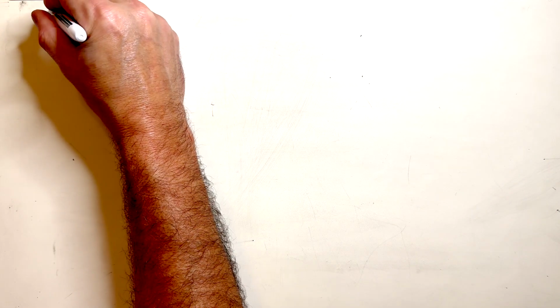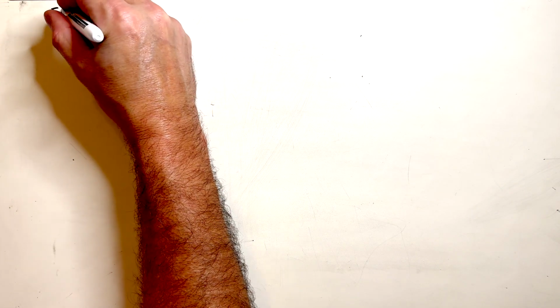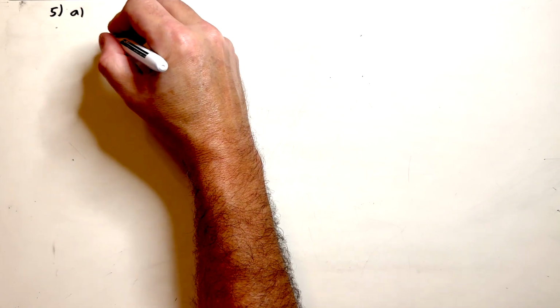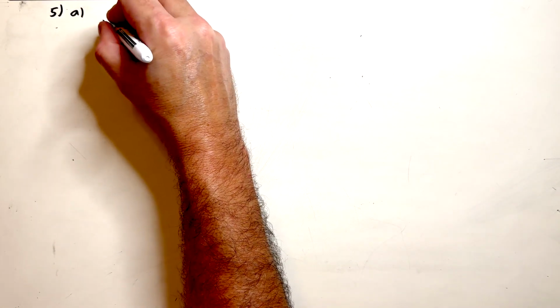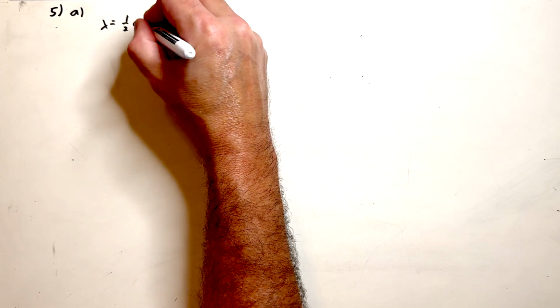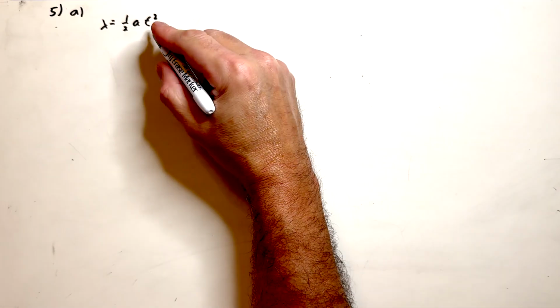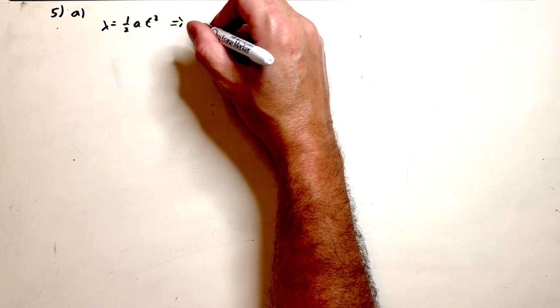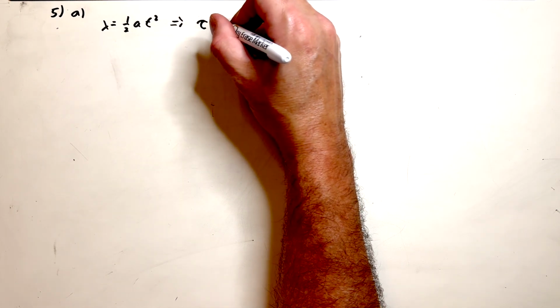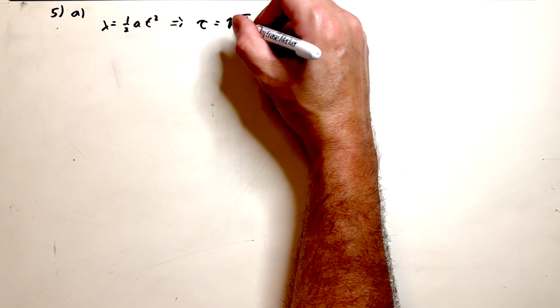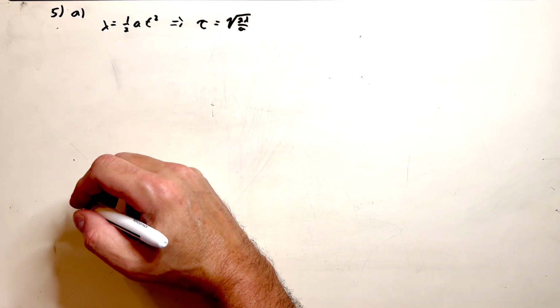Part A, anyhow. So this is 5, part A. Well, lambda, our mean free path, we're basically saying is going to be equal to 1/2 a t squared. This is just a standard kinematic equation. So this implies that tau is equal to the square root of 2 lambda over a, the acceleration.